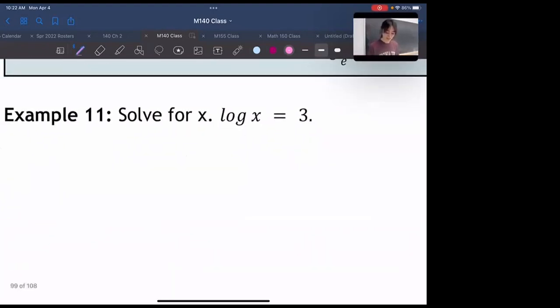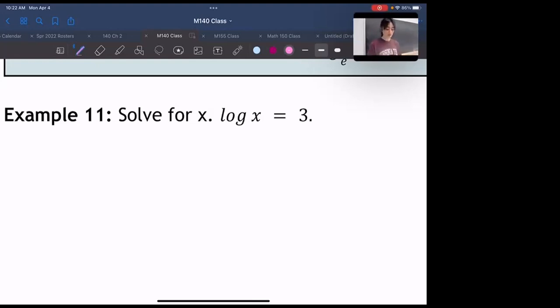All right, example number 11. Now I'm gonna do example 11, I'll let you do example 12 on your own. Whenever you see an equation, just like these two examples up on the board, and it involves log or ln, it's literally the same thing as what we've been doing before.